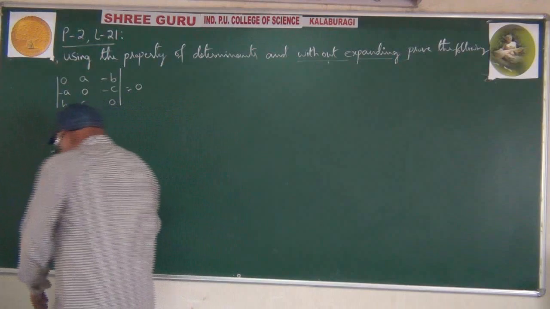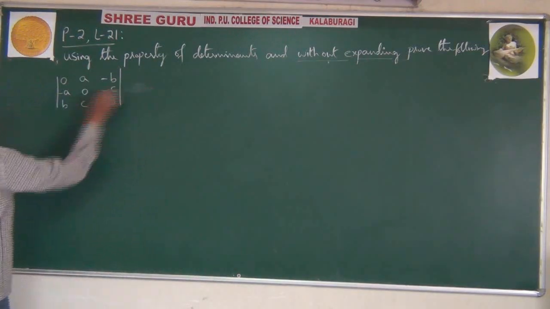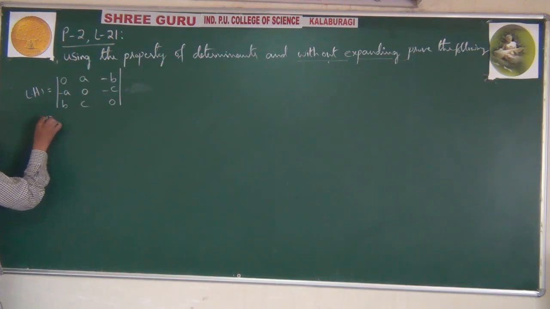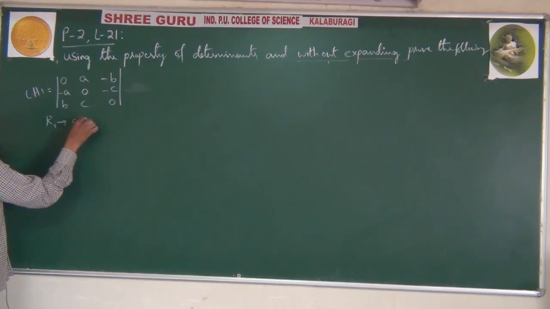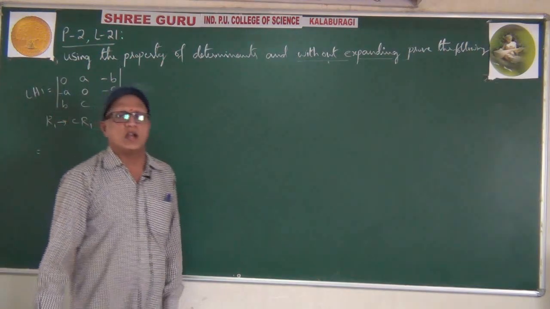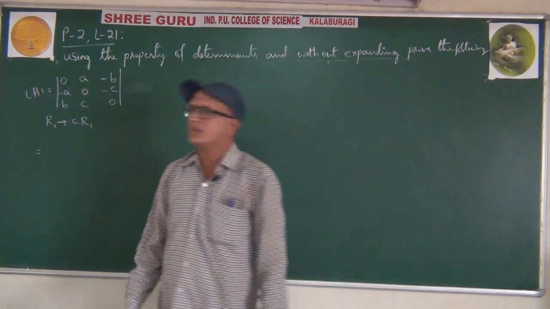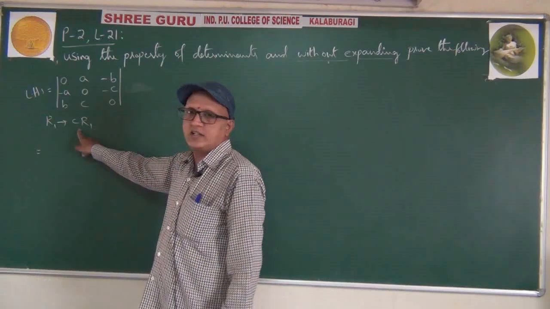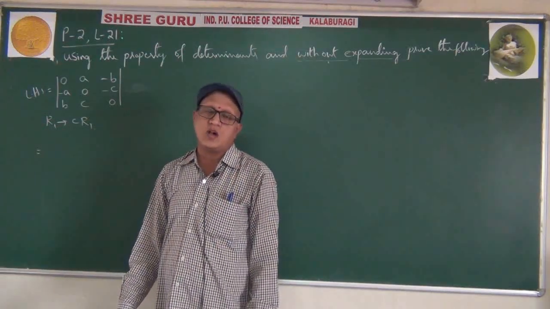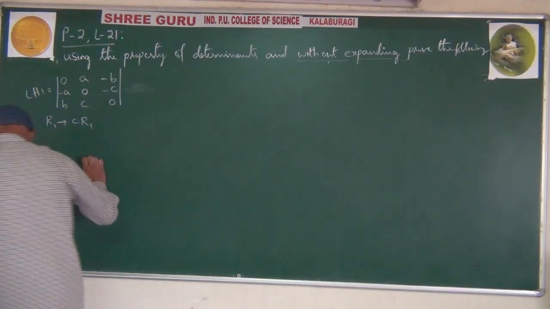Right? So let us see how to solve this question. LHS. First operation: R1 we have to change like C R1. If you are changing like this, you have to divide by C also, outside.